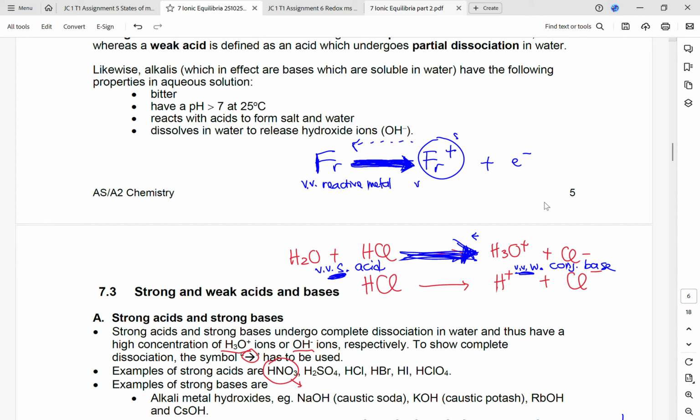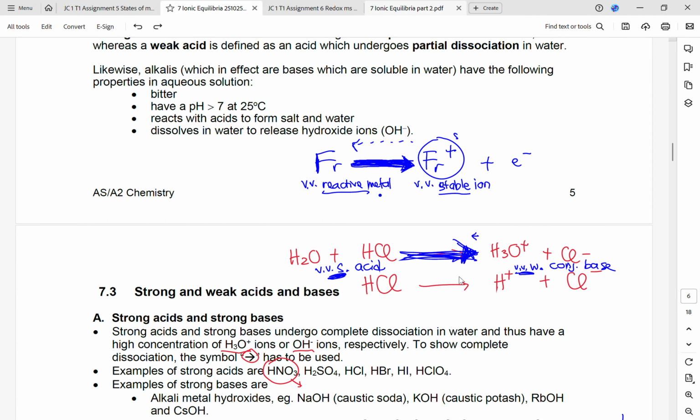So here, if you start with a very, very reactive metal, the result of the ionization will be a very, very unreactive or very, very stable ion. So the reactivity and the unreactivity are opposite. The more reactive the metal, the more stable the ion.